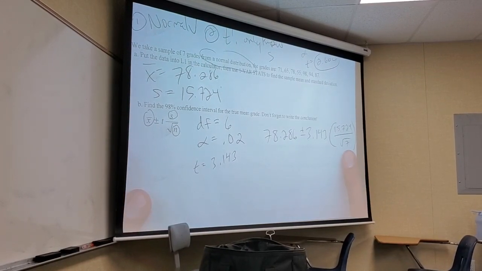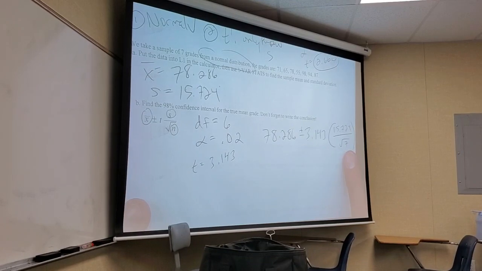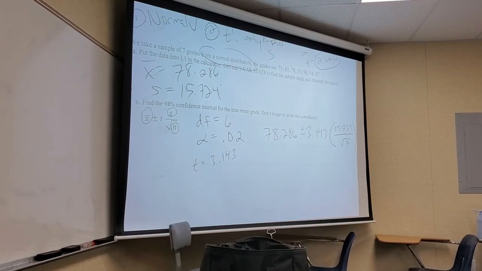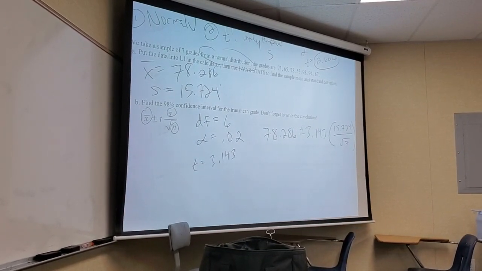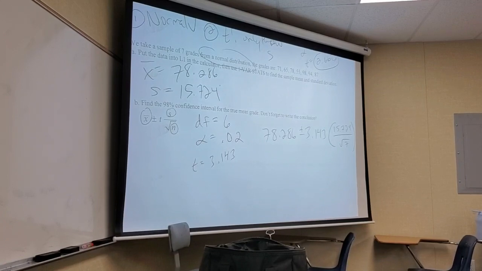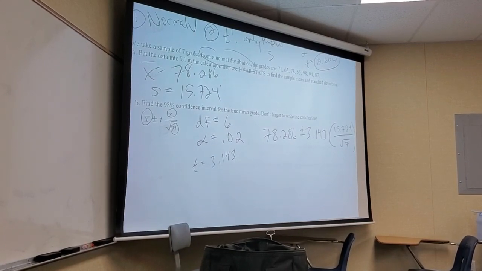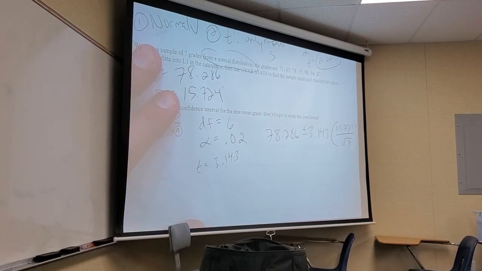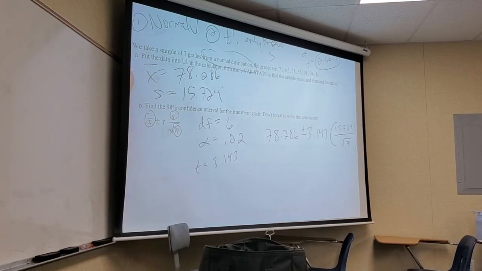That's got to be n. Whatever number's in there's got to be a whole number. If you're putting a decimal in there, you know you're wrong. It's supposed to be how big the sample is. I think the error is about 5.28. No, it's going to be bigger than that.